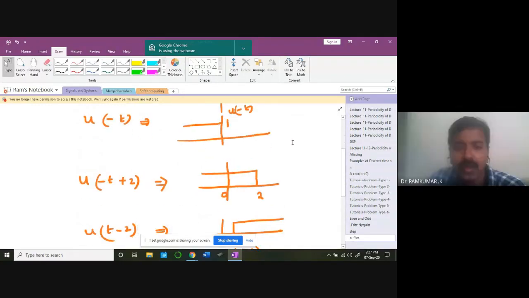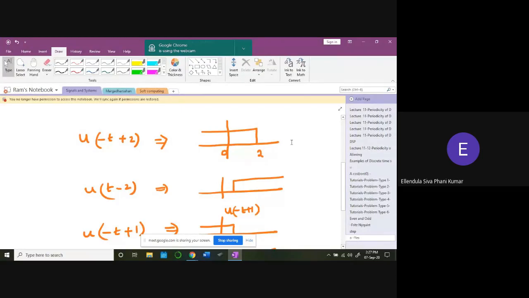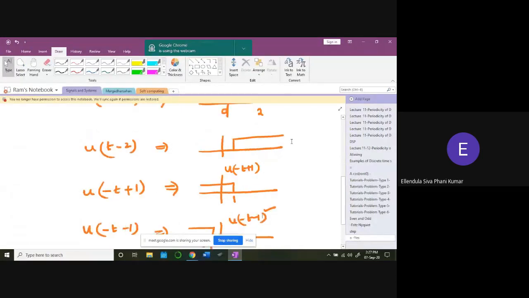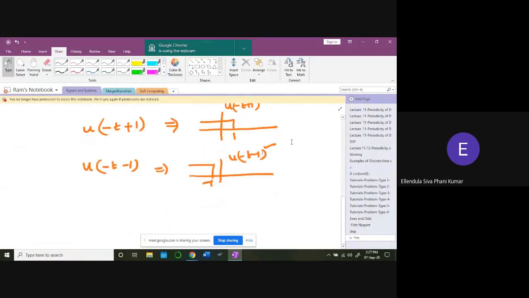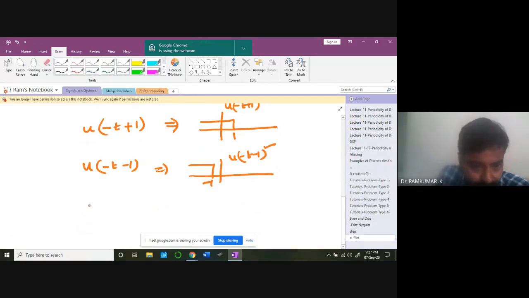Sir, what is the graph for u of t by 2 minus 1? So normally what is the procedure? It's going to be shift and then scale.